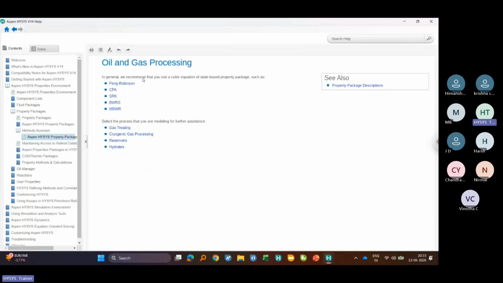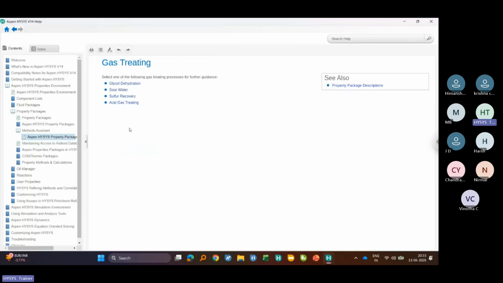In general, we recommend using a cubic equation of state-based property package for this, like Peng Robinson or CPA. Select the process that you are modeling for further assistance. Our process is a gas treating process, so let's click on that.